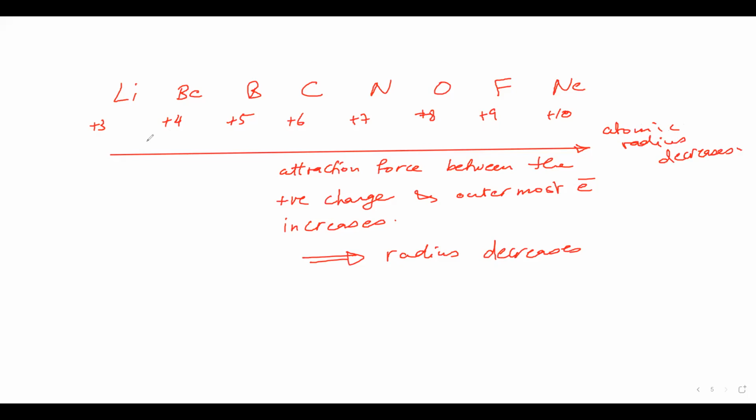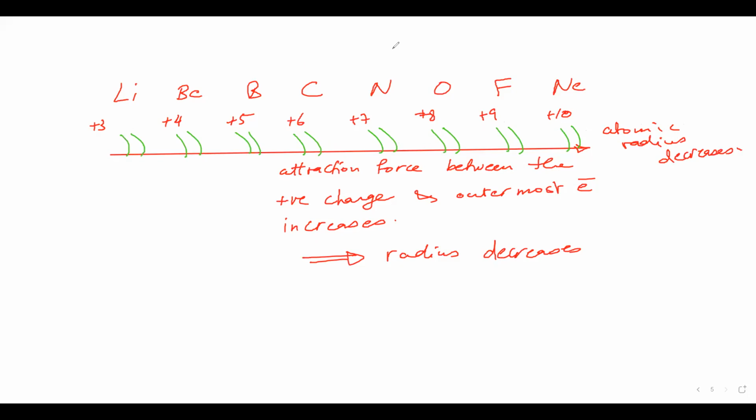And this is because all of them fill within the same number of shells, as we said before. We have here in all these elements present in period 2, all of them fill their electrons within 2 shells.